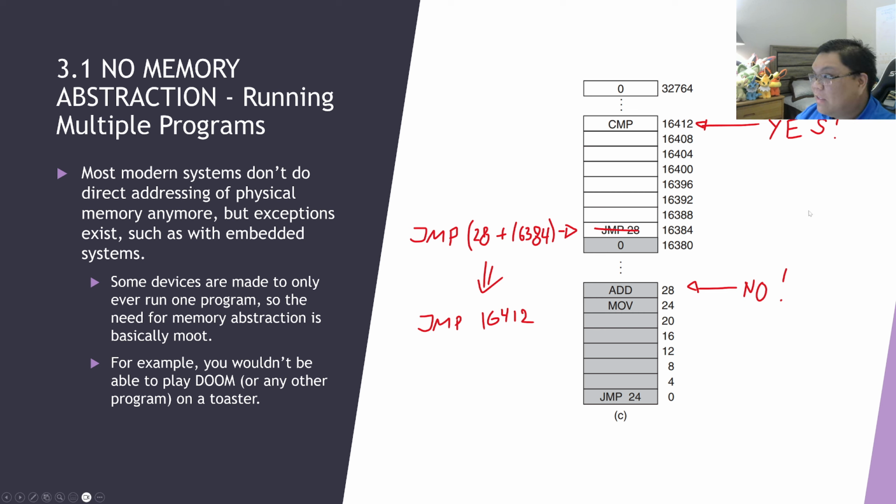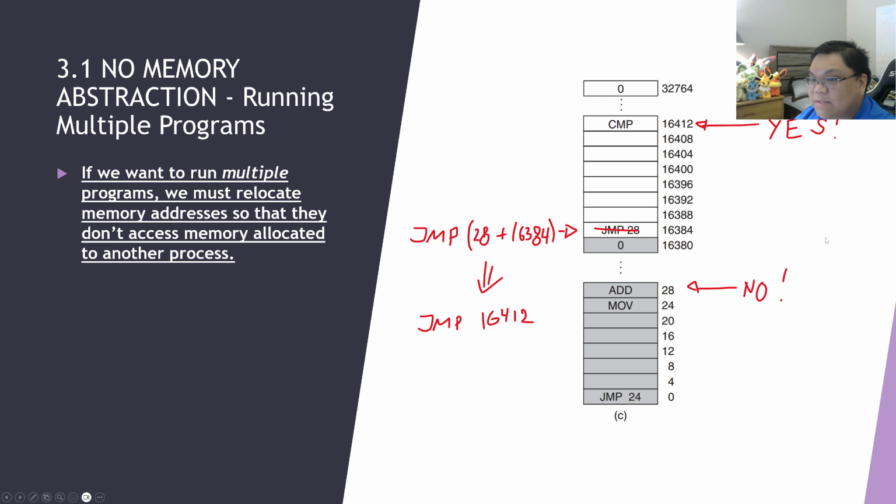Anyway, for most computers, or at least for computers in which we want to run multiple programs, we ought to be able to relocate memory addresses so that when we say jump 28, we jump to the 28th address for that program, not the 28th physical address.